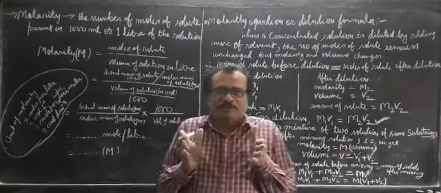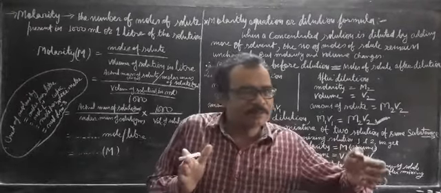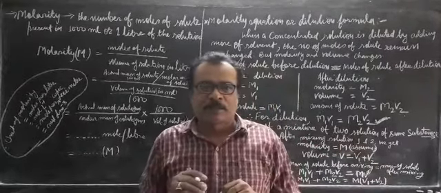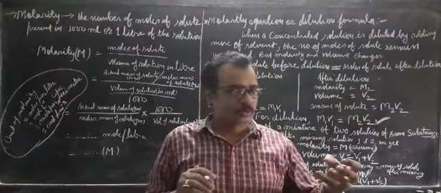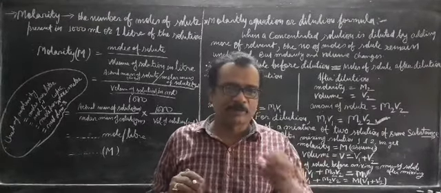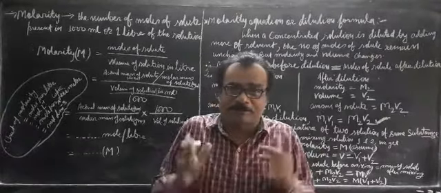So before mixing, we calculate the separate amounts of solute. The total amount of solute would remain the same because the same kind of substance is there.